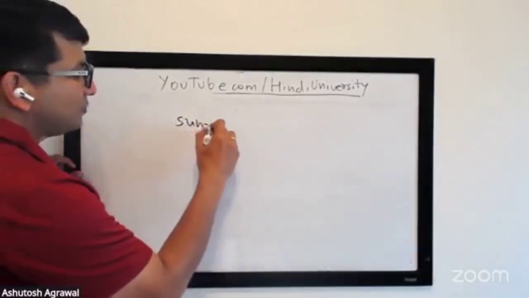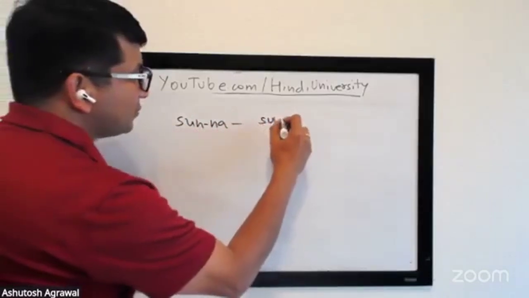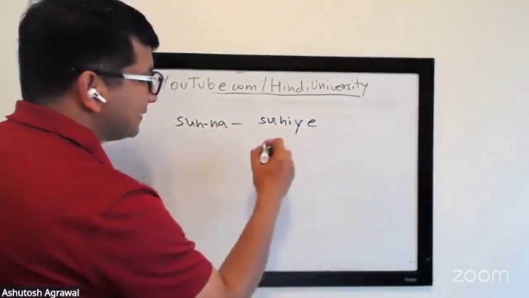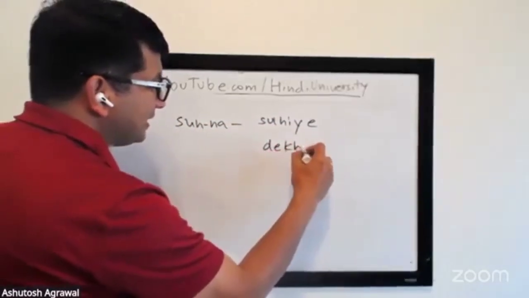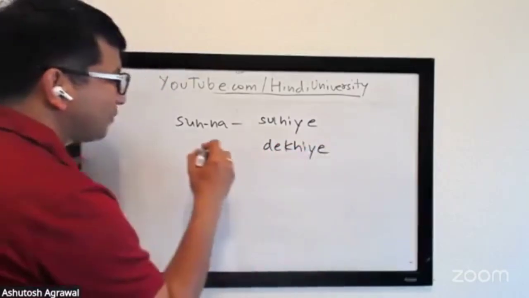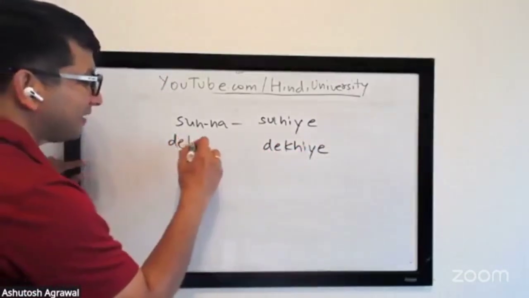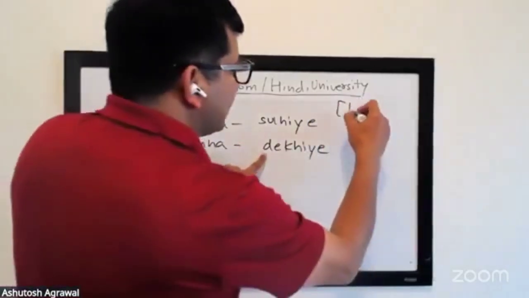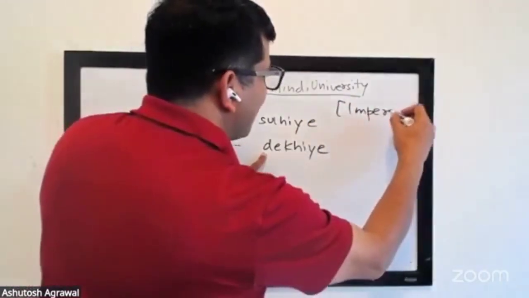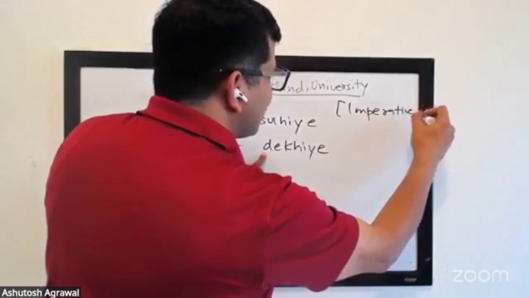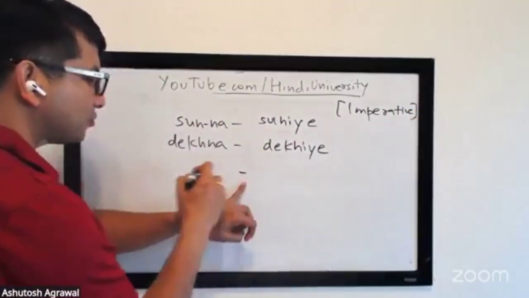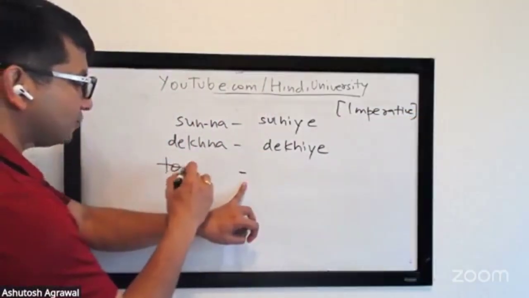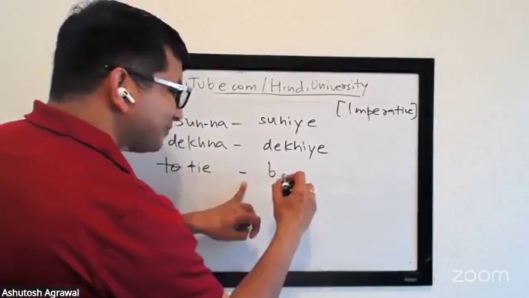So the verb is sunna, but she can say suniye, which is please listen. She can say dekhiye, which is please notice or please watch. The verb is dekhna. But from an air hostess perspective, one of the key things is learning about the imperative, how you make requests to people. So to tie a seatbelt would be very good.